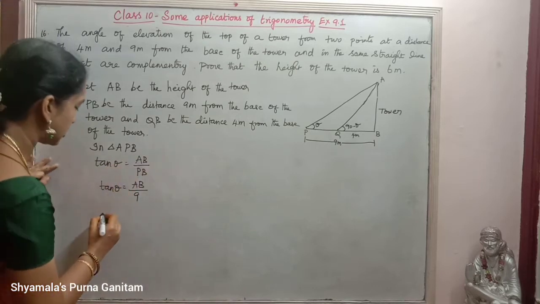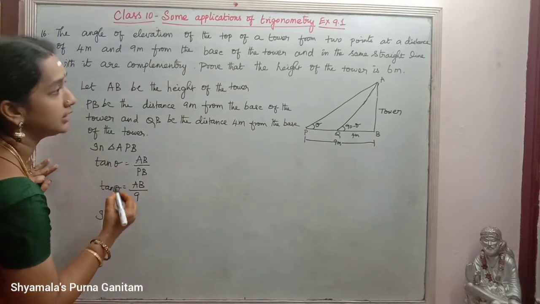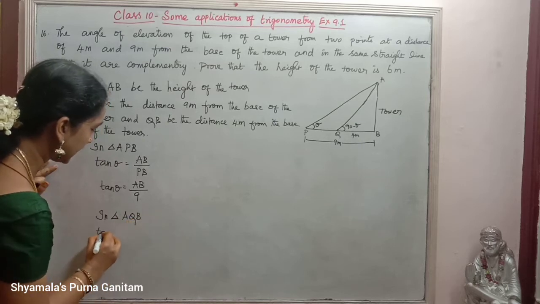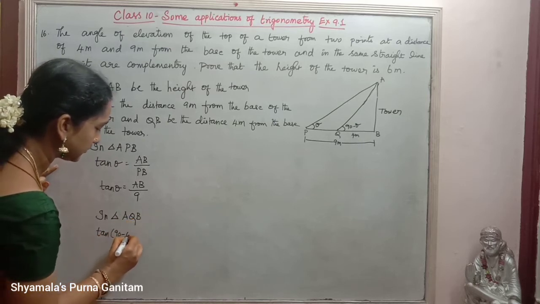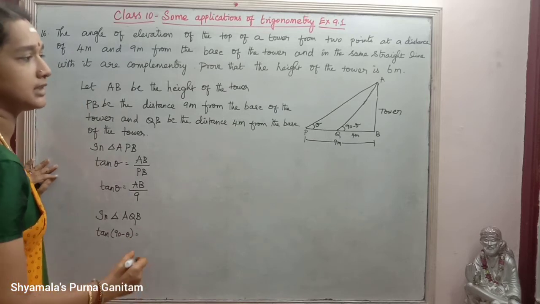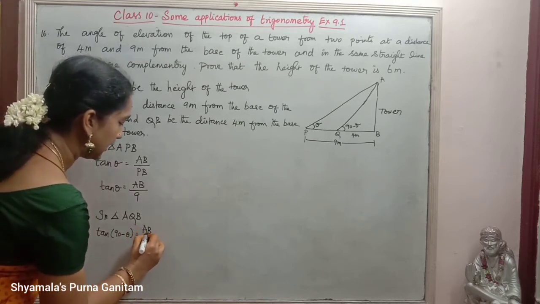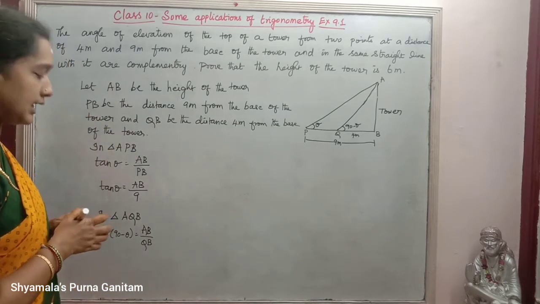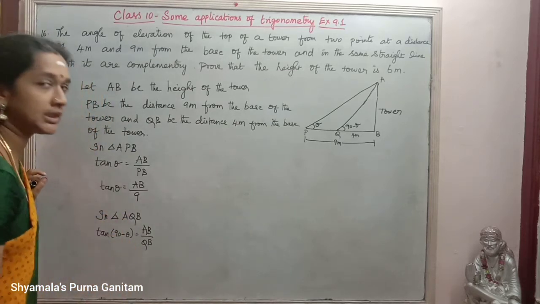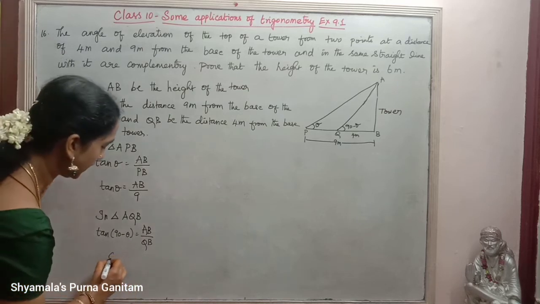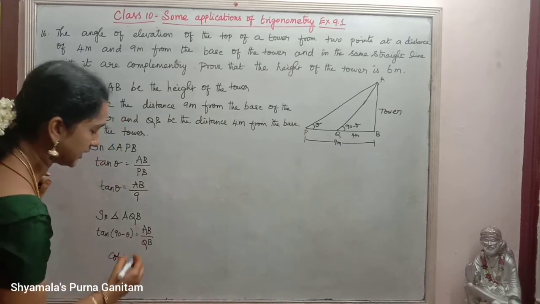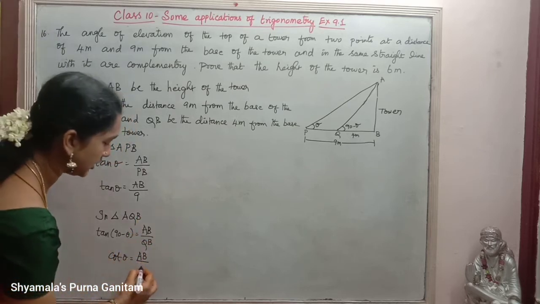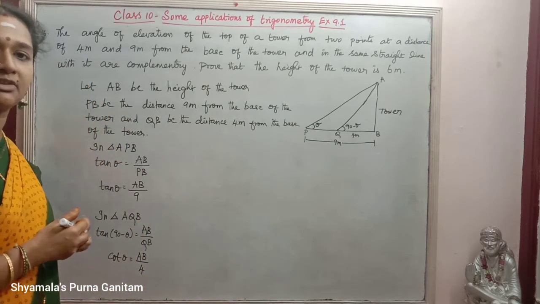Then next, in triangle AQB, tan 90 minus theta is AB by QB. We know that tan 90 minus theta is cot theta. So cot theta is equal to AB by QB distance. We know that it is 4 meter, that is given in the question.